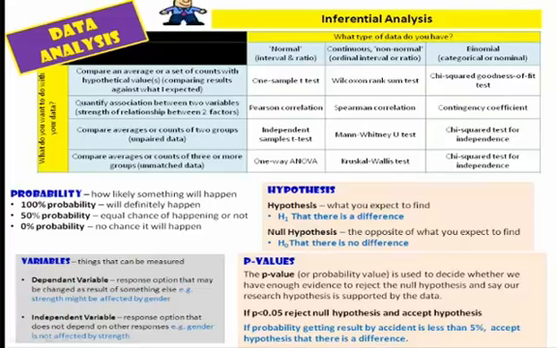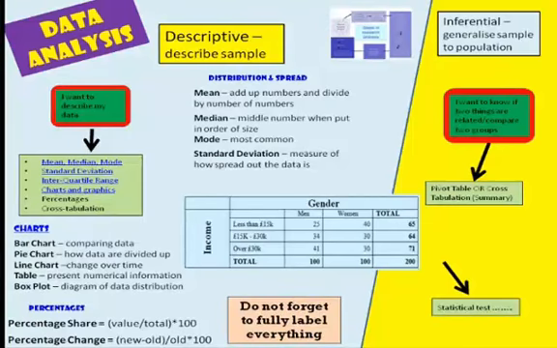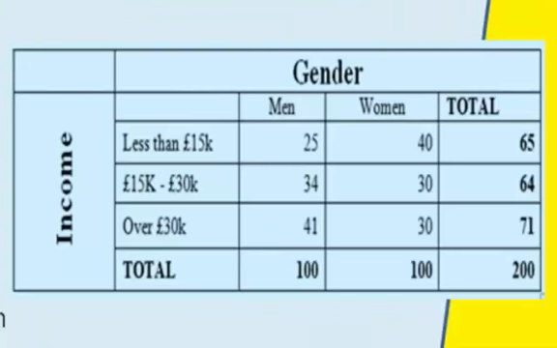In the example in the first video, we had a table looking at the income of men and women, and we said that looking at that, men tend to earn more and women tend to earn less. It gave us a picture that perhaps men earn more than women. But remember, we said we needed to do a statistical test to actually find out if that's true.